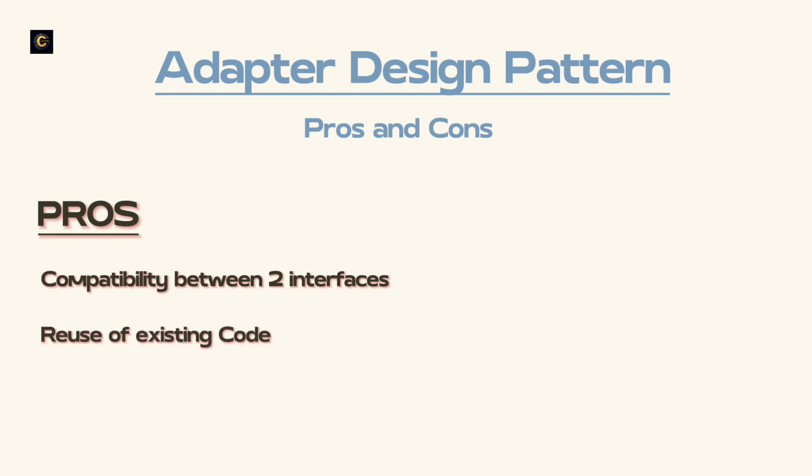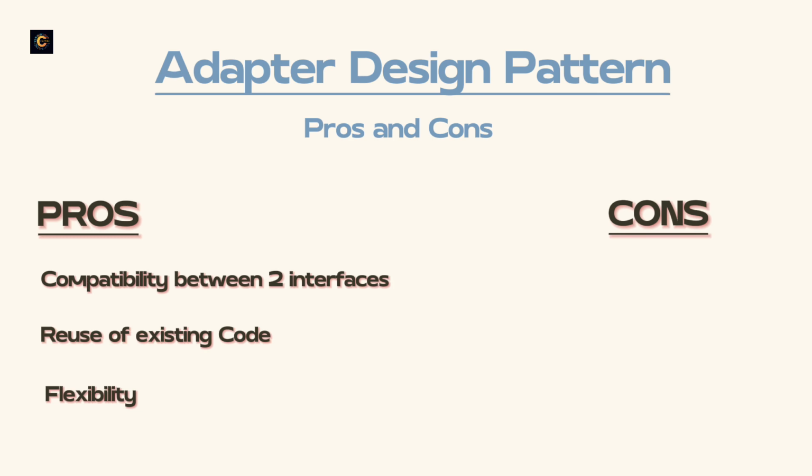With the adapter pattern, we can use existing classes that have useful functionalities, even if they don't quite fit our current needs. Instead of rewriting everything from scratch, we adapt them to work in our system. Flexibility. This pattern allows us to add new functionalities to our system without making big changes to the existing code base. It's like adding new pieces to a puzzle without having to redo the entire picture.